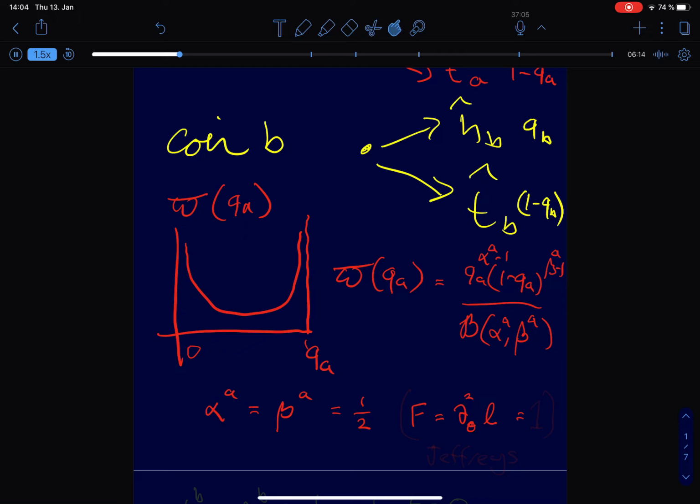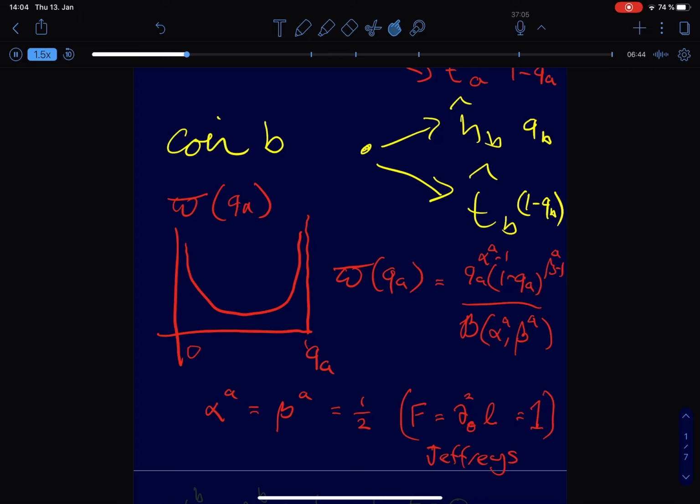The Fisher information is a second rank tensor, so you can change its value by changing your coordinate system. It gets factors of the Jacobian. You choose a coordinate system that makes your Fisher information equal to 1, and that's the Jeffreys prior.